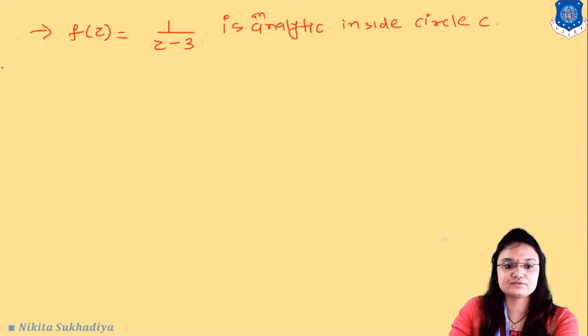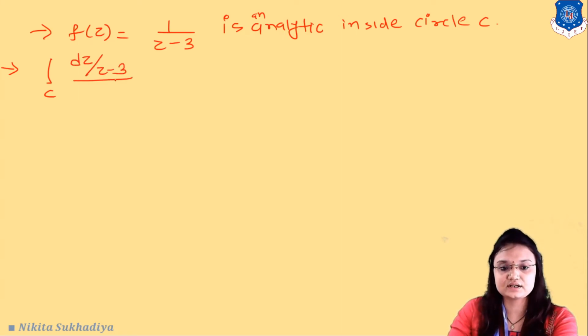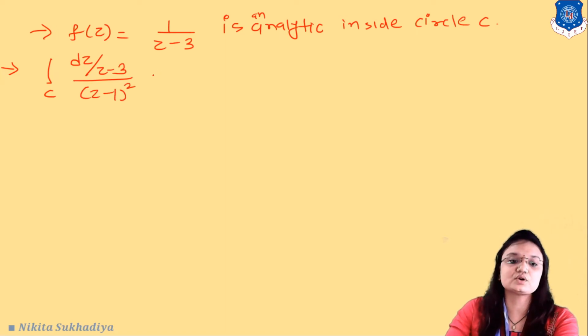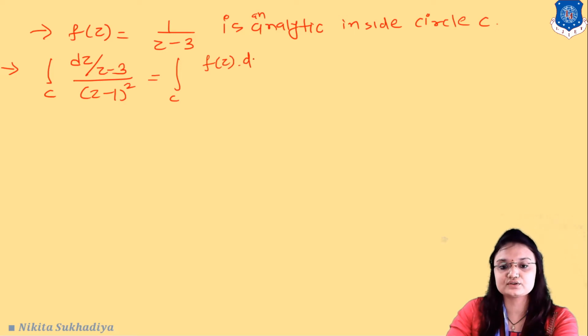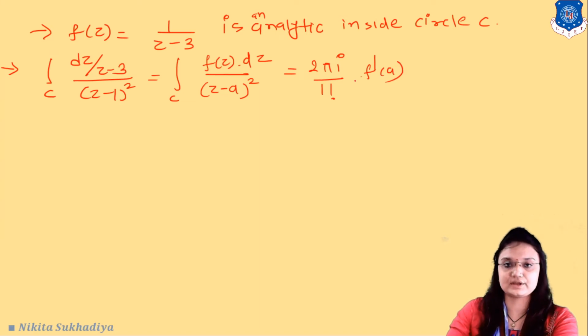Now here we have the question: integration over C of dz upon (z minus 3) into (z minus 1) raised to whole square. This is like integration over C of f(z) dz upon (z minus a) raised to whole square. At that time we can use the formula 2 pi i upon 1 factorial into f dash of a.